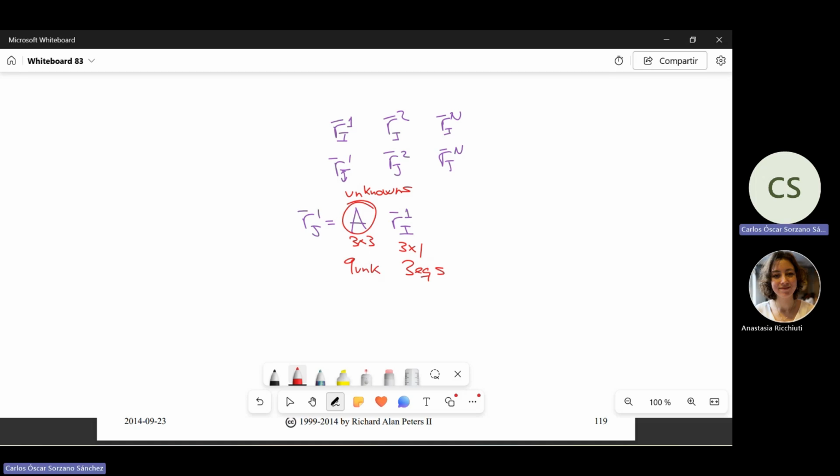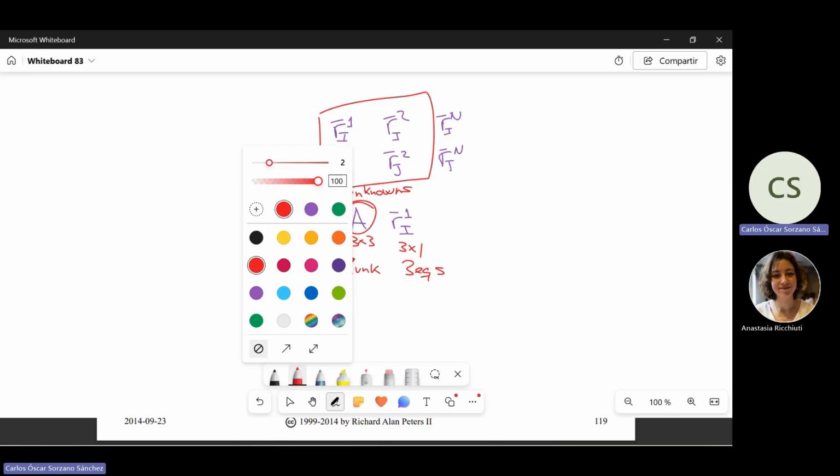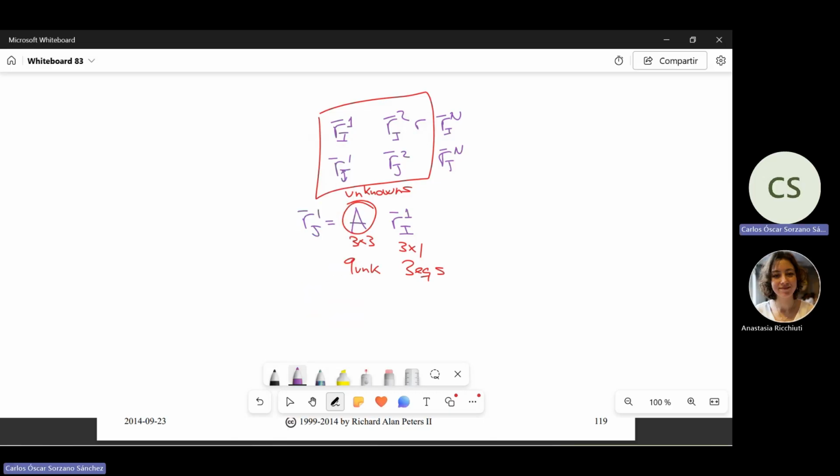If you give me 3 colors, I have a well-determined equation system. So I have 9 equations, 9 unknowns. I can solve for the 9 unknowns, right?